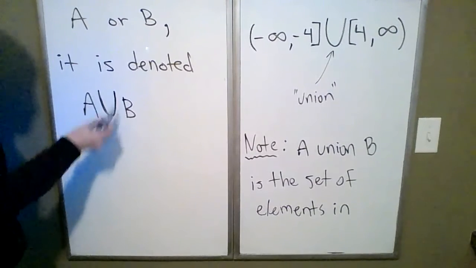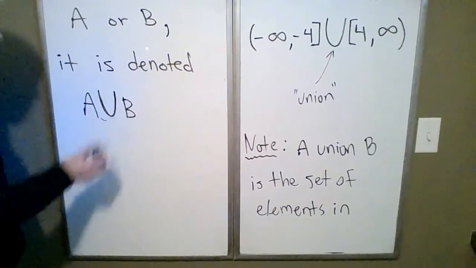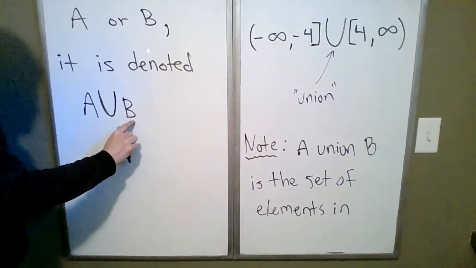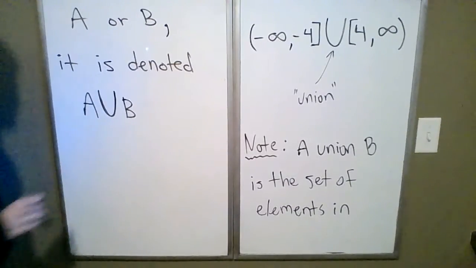It's not actually a big U, it's just a swoop. A union B is A or B: one, the other, or both.